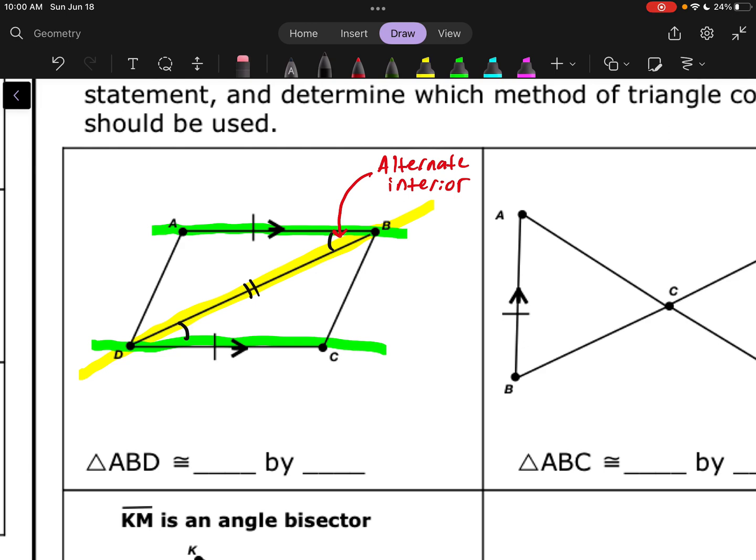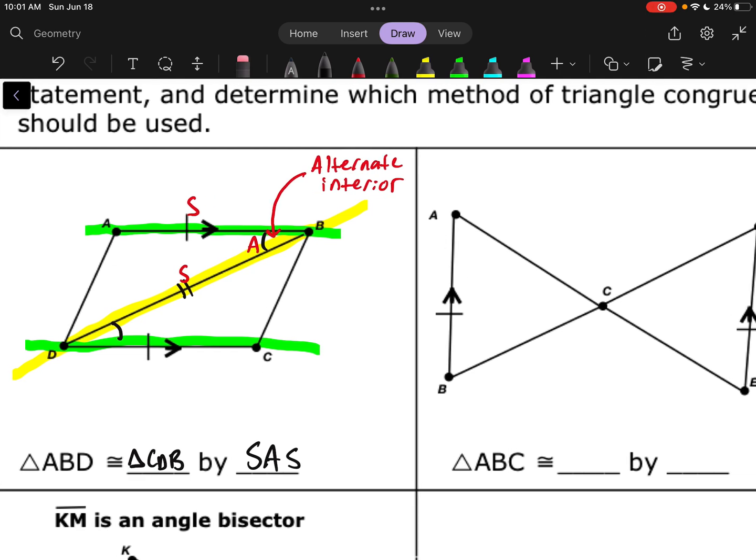That's nine times out of ten the clue that they're trying to give you. That gives us our third set of congruent things. And now we see that we have a side, an angle, and a side between those two triangles. So triangle ABD would be congruent to triangle CDB by side, angle, side.